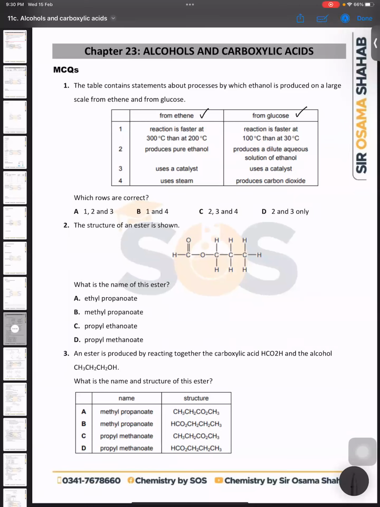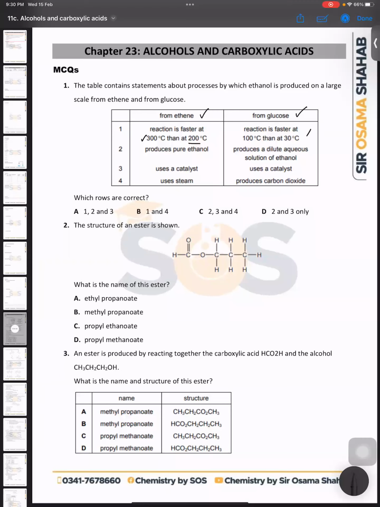Reaction is faster at 300 than 200. They are saying that the reaction will be faster at 300 as compared to 200. So there is catalytic hydration. Definitely, if you are increasing the temperature, it will increase the rate of reaction. That is fine. Then reaction is faster at 100 than 30.